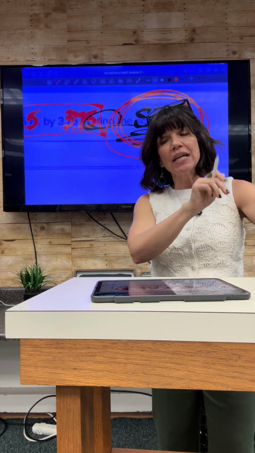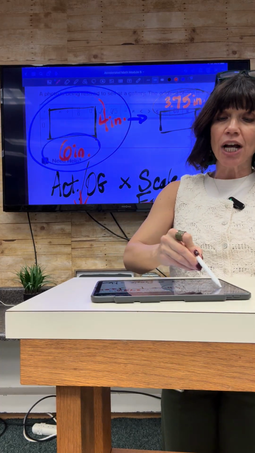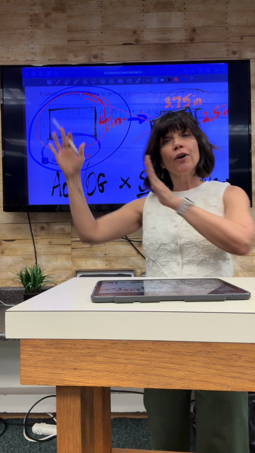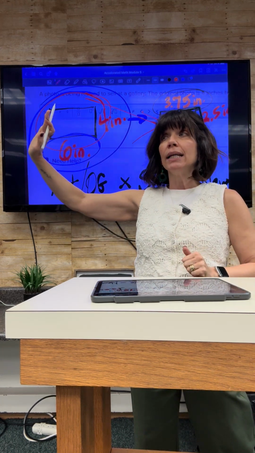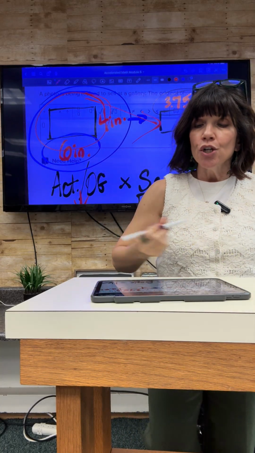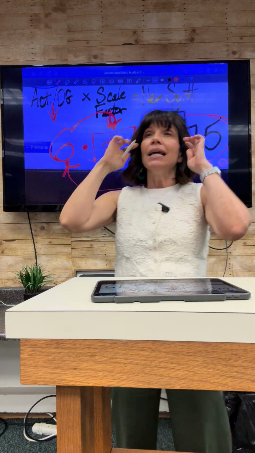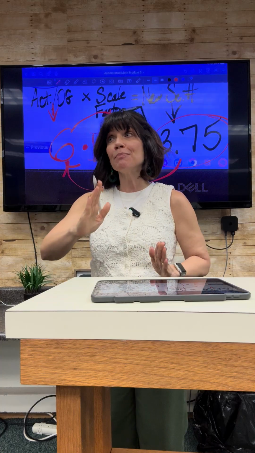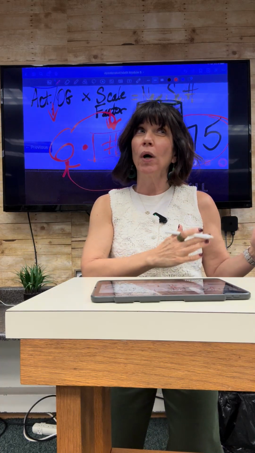Now let me point something out. Did our size go from a large item to a smaller item, or did it go from smaller to larger? It went larger to smaller. So your scale factor, therefore, let's talk about this. Is it that it has to be times something less than 1 or times something more than 1?